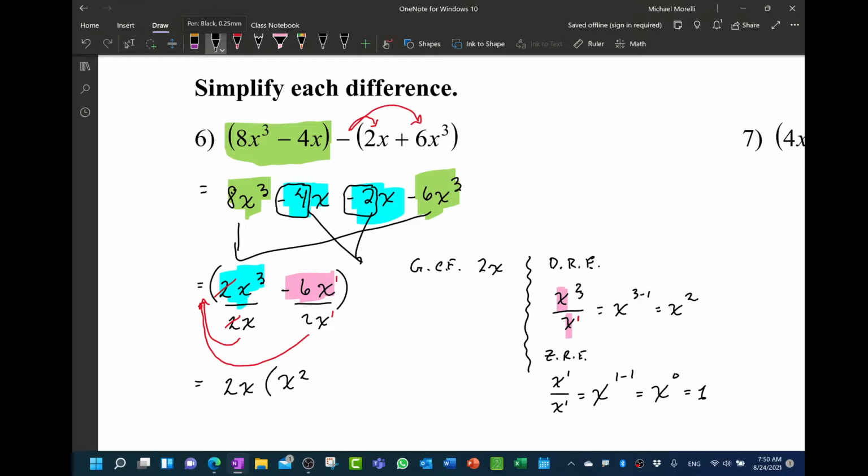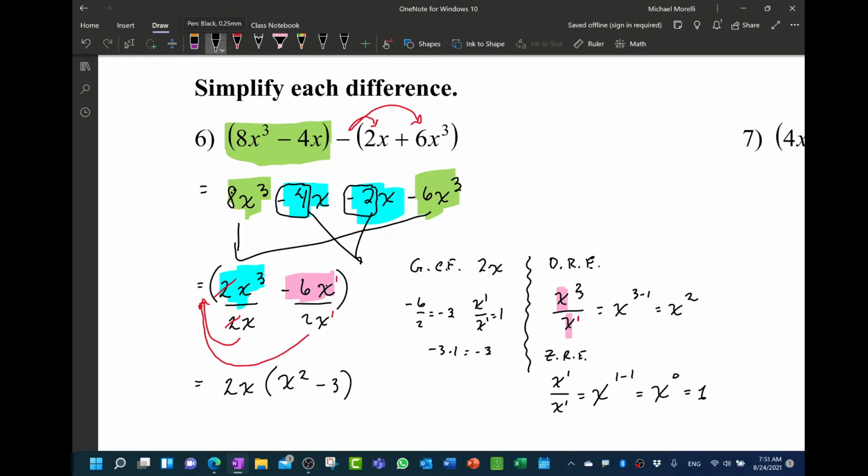So it's just a 1. We don't have to write it, because what you've got here is negative 6 divided by 2, which we said was negative 3, and then x to the first over x to the first, which we said was equal to 1. So what's left is negative 3 times 1, which is just negative 3. So the simplification of this fraction is just minus 3.